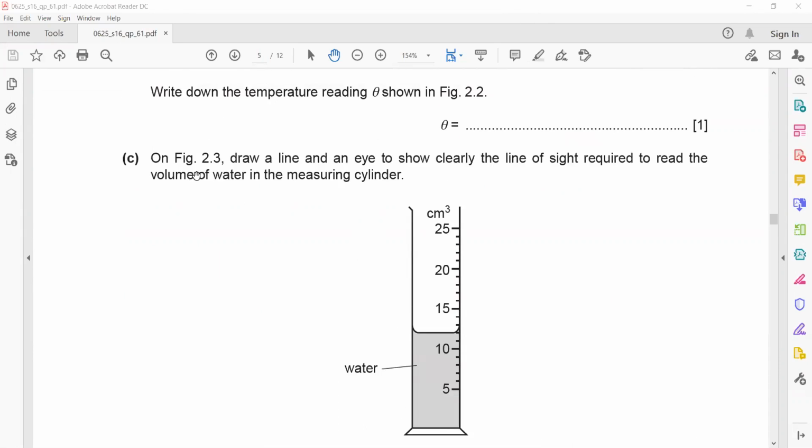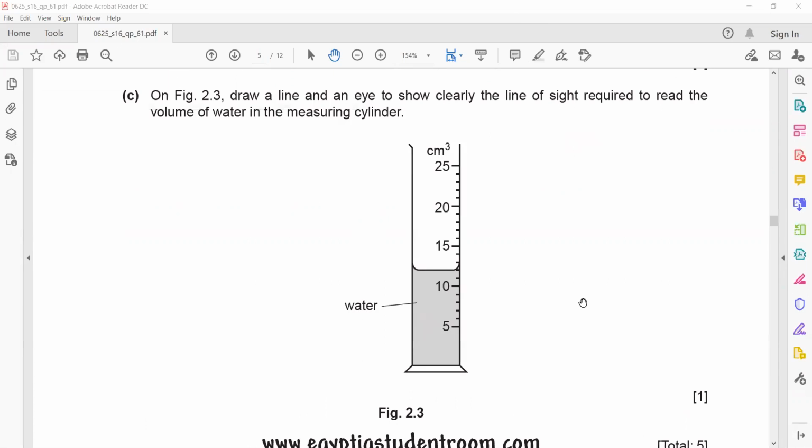Then on figure 2.3, draw a line and an eye to show clearly the line of sight required to read the volume. Whenever we read, we always read the lower meniscus for the water. So we will draw an eye and draw a line to show what we are reading. Is it clear? Yes.